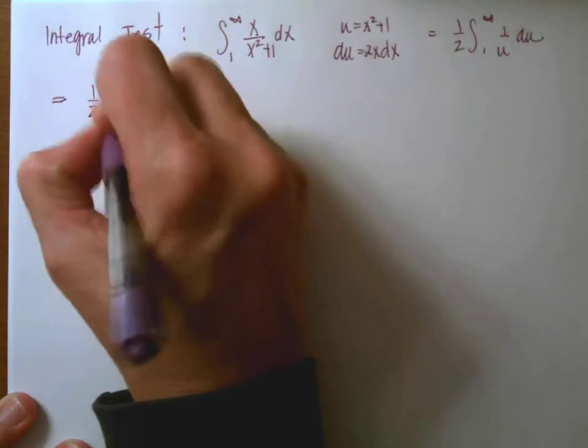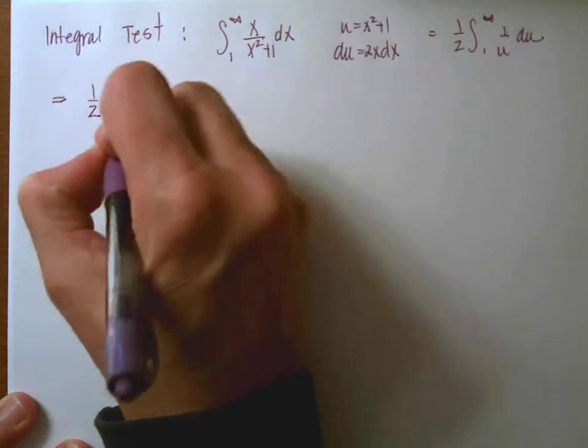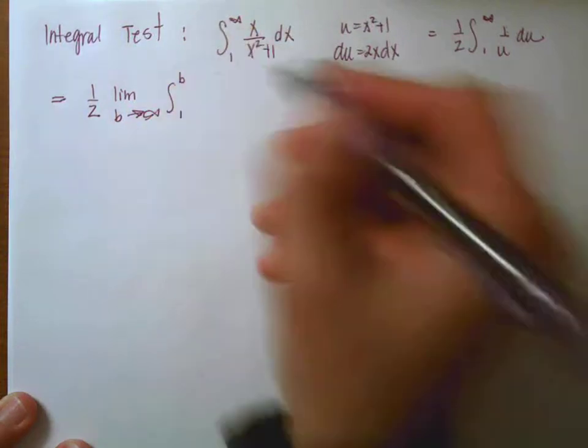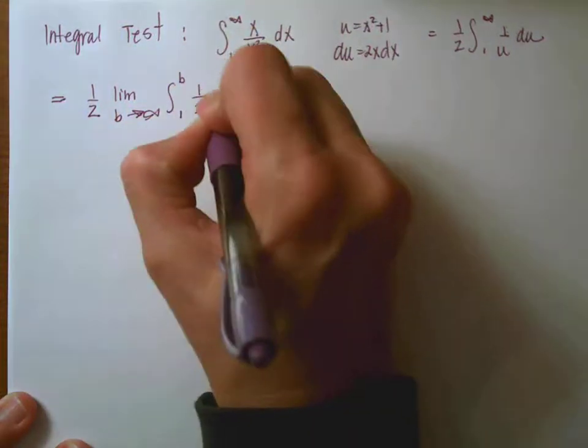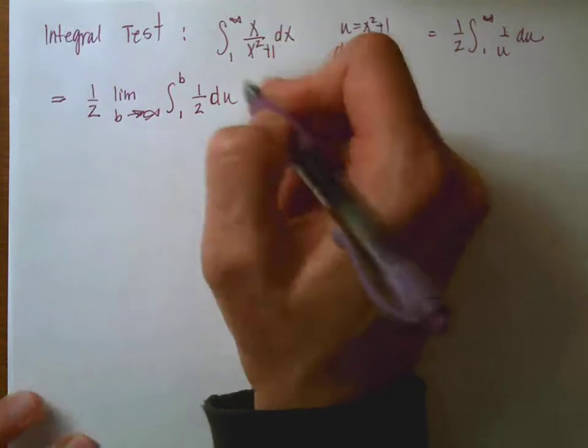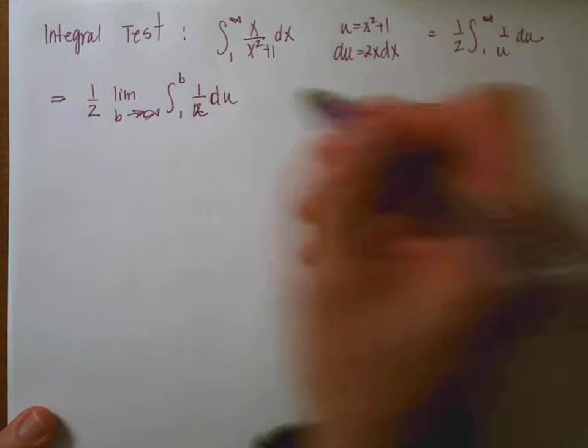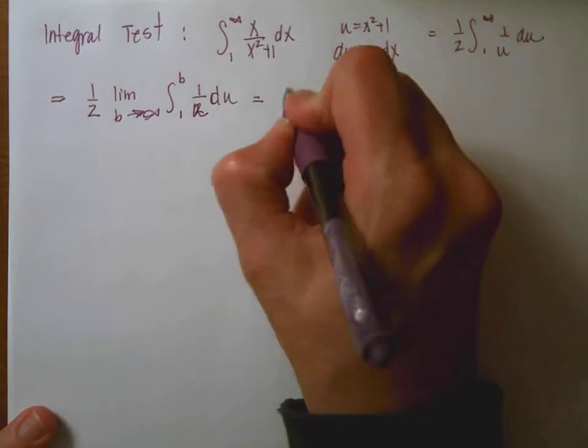So now I'm going to take this into limit notation. So this is 1/2 the limit as b approaches infinity of the integral from 1 to b of 1 over u du.